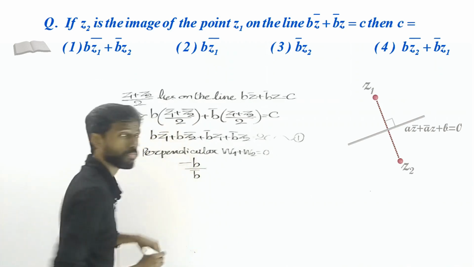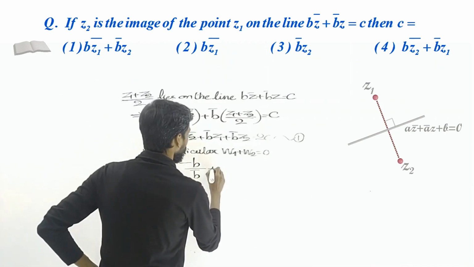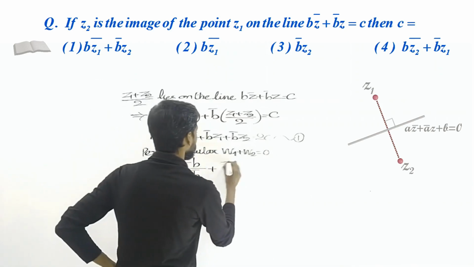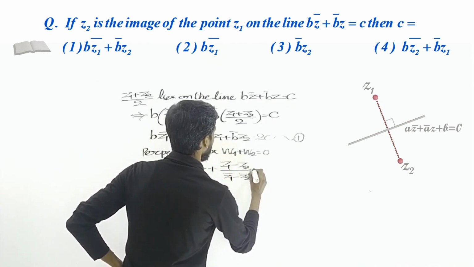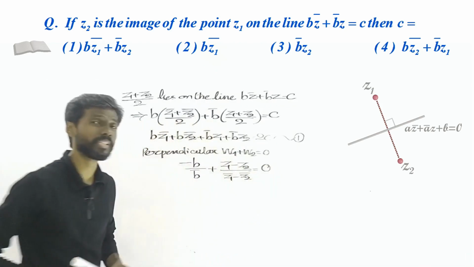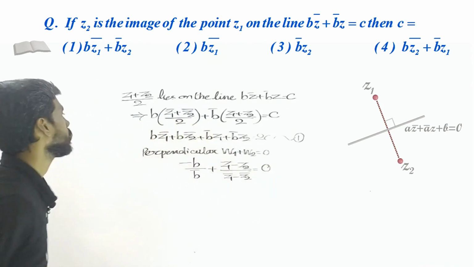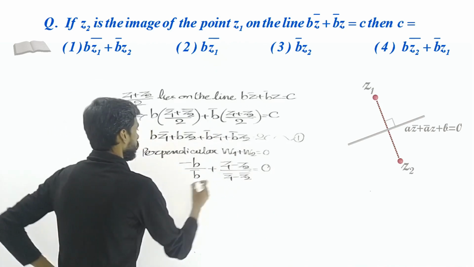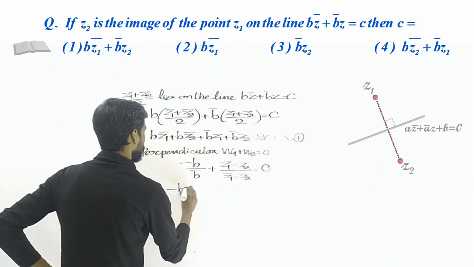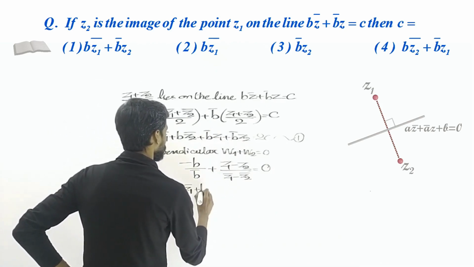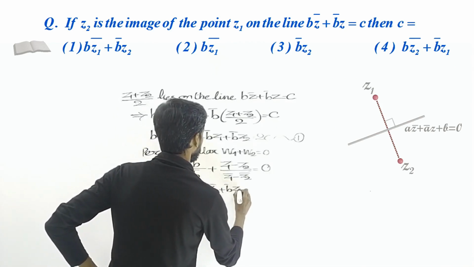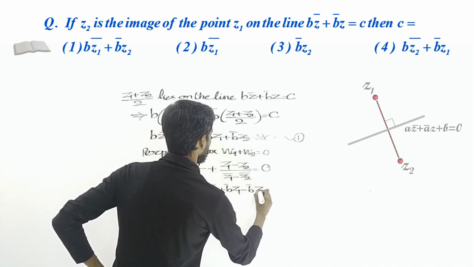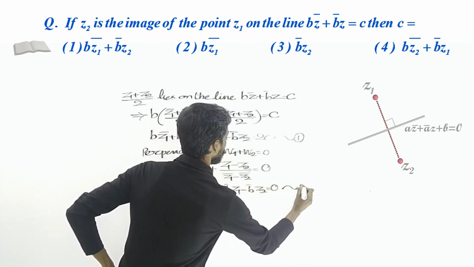Plus the slope of the line joining z1 and z2, that is z1 minus z2 divided by its conjugate z1 bar minus z2 bar, equals 0. Now multiply this out. So we get minus b z1 bar plus b z2 bar plus b bar z1 minus b bar z2 equals 0. This is equation number 2.